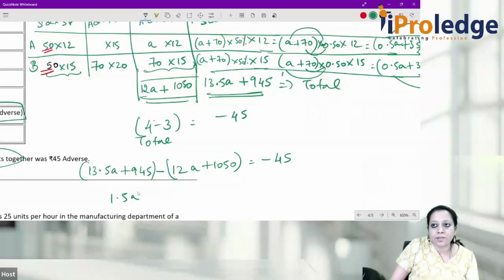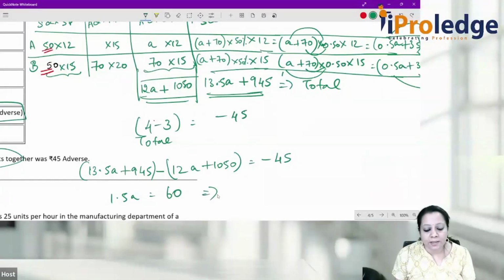Are you all getting 40, students? 945 minus 1050. You will get negative 105. Negative 105 goes to the other side, means it will become plus, minus 45. So it is 60. So which means A is equal to 40.